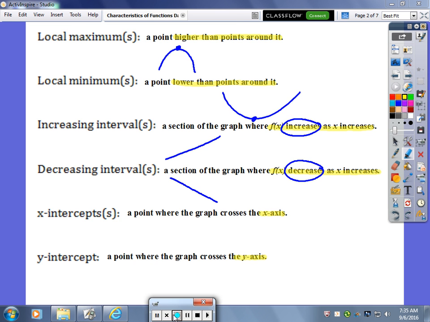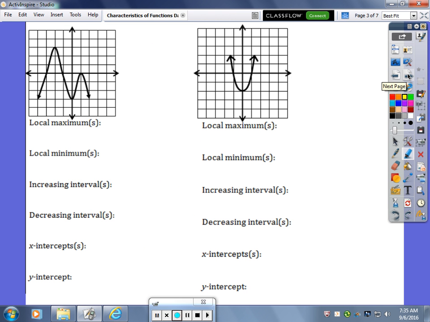Let's look at some examples. Let's look at an example on the left. A local maximum is a point that is higher than the points immediately around it. Here we can see two local maximums right here and right here.